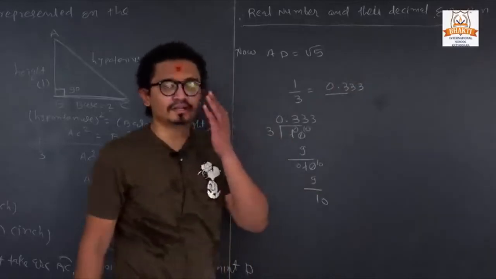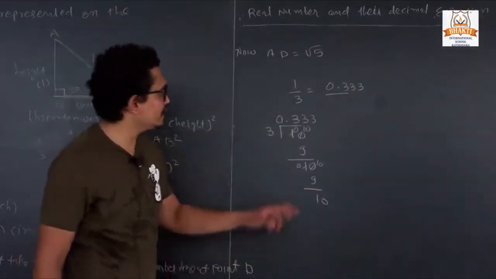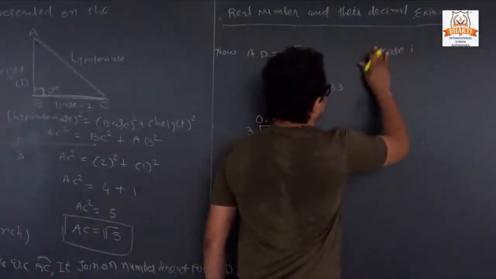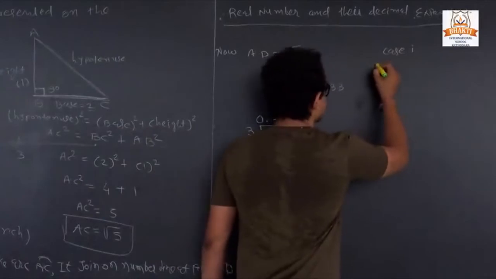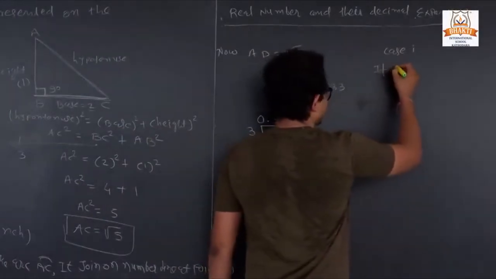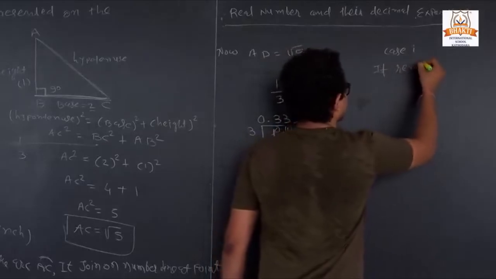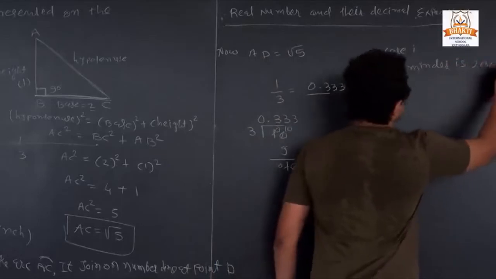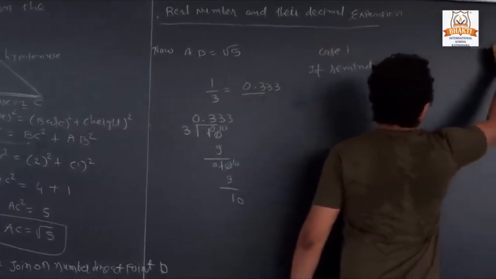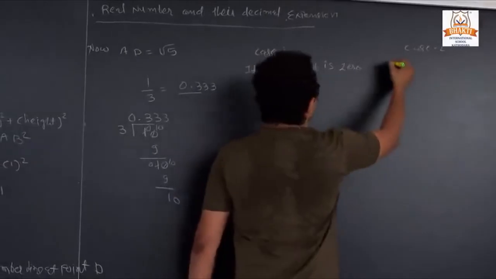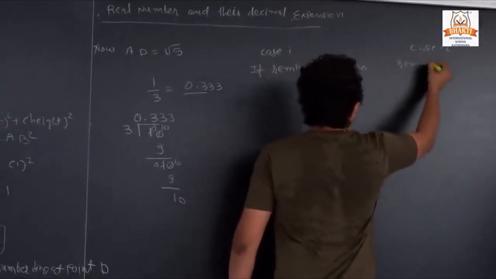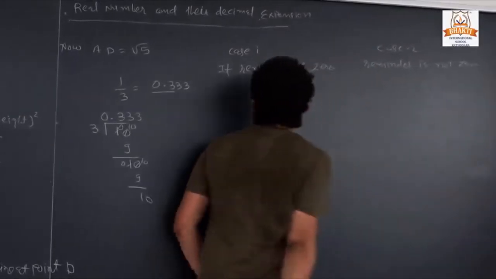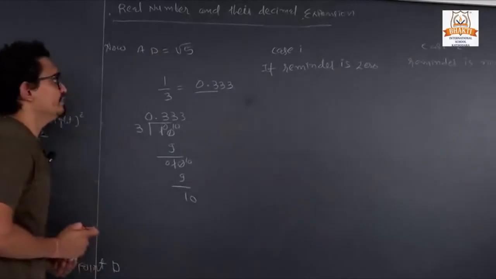Now we have two cases actually. In case number 1, what happens if the remainder is 0? In case number 2, the remainder is not 0. So we have two cases. First, the remainder is 0.